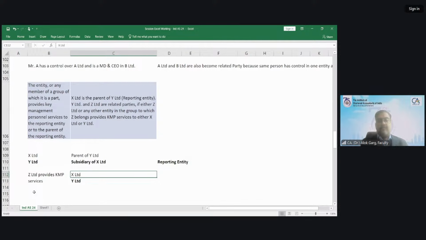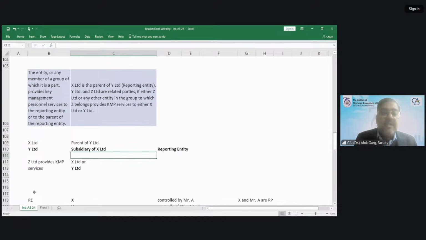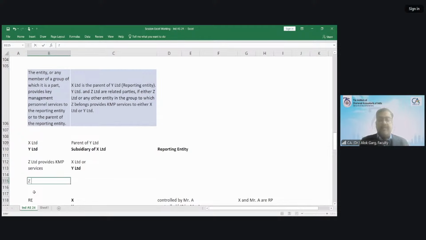X Limited or Y Limited, right? So in this case, Z Limited will become related party of whom? Of Y Limited, right?